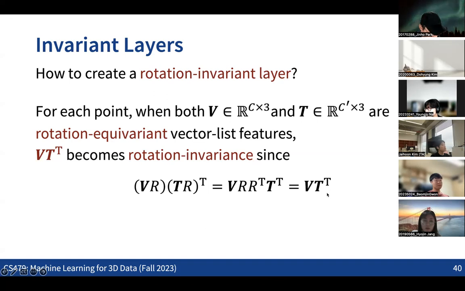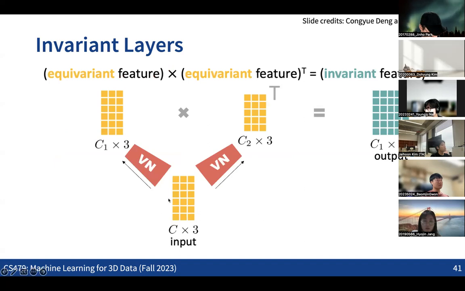So what this means is that, let's say you have any kind of input, and using rotation equivariant layers like this, we can get two outputs, which are rotation equivariant features. If you simply compute V times T transpose, the output becomes rotation invariant features, which means that whatever rotation you apply to this input, the output remains the same.